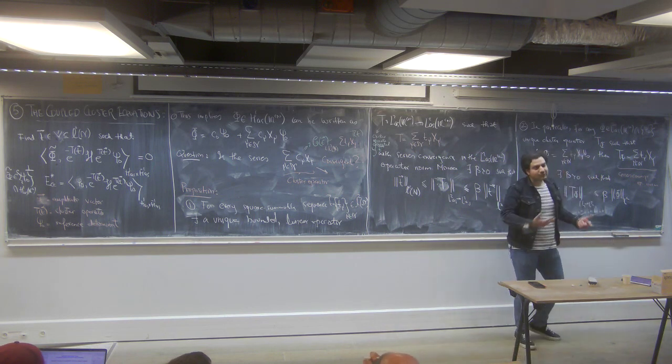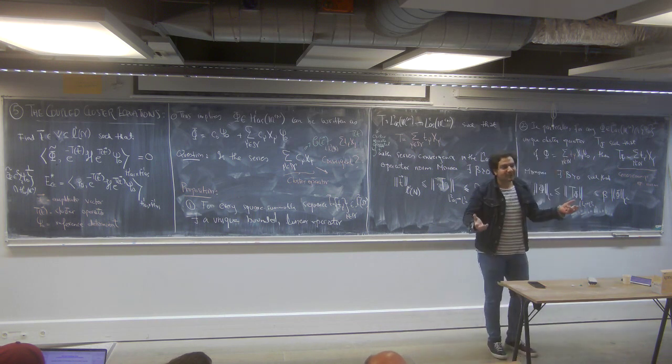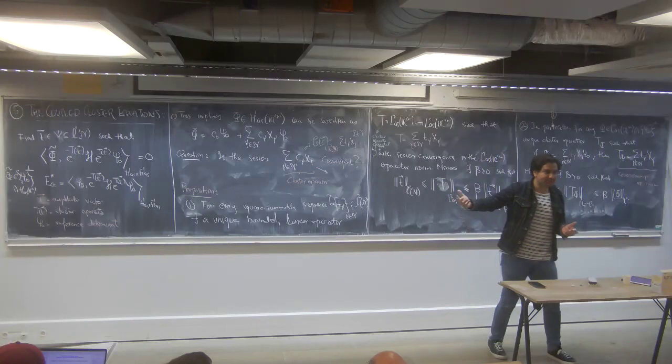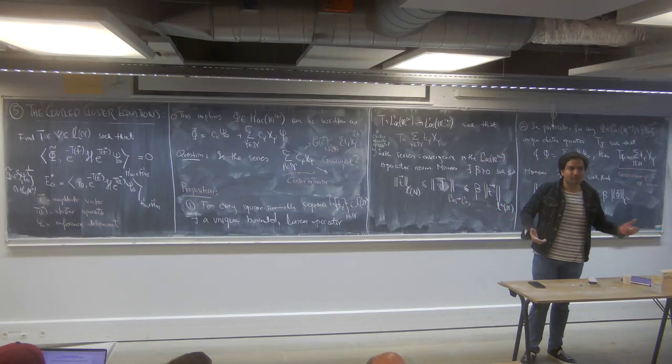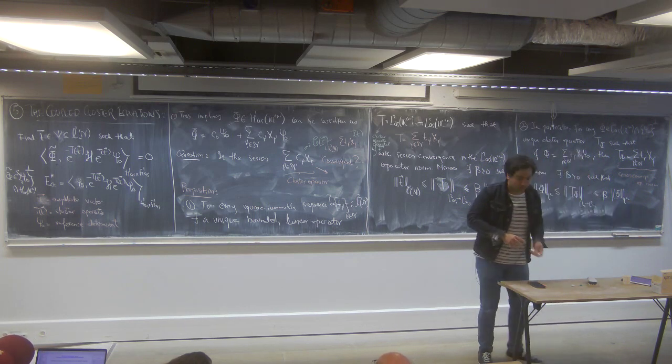And this cluster operator also has series convergence in the operator norm. It's a mapping from L2 to L2, et cetera. So in some sense, there is a correspondence between square summable sequences and cluster operators, or between wave functions that are L2 orthogonal to the reference and cluster operators. There's a one-to-one correspondence like this.